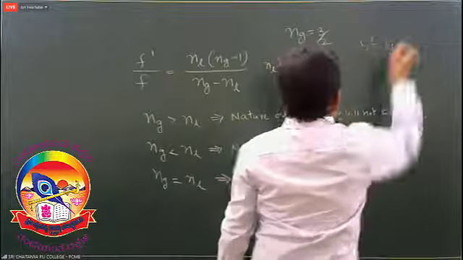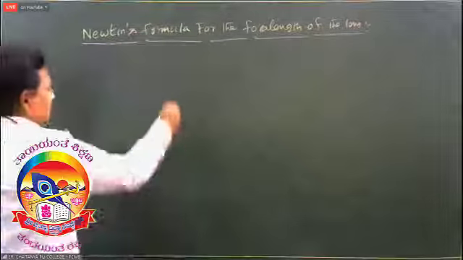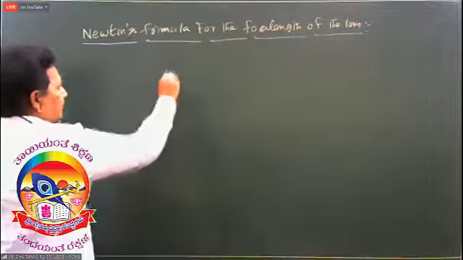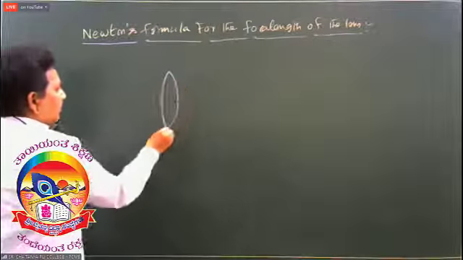Newton's formula for the focal length of the lens. Let us consider a convex lens. The focal length of the lens is f.